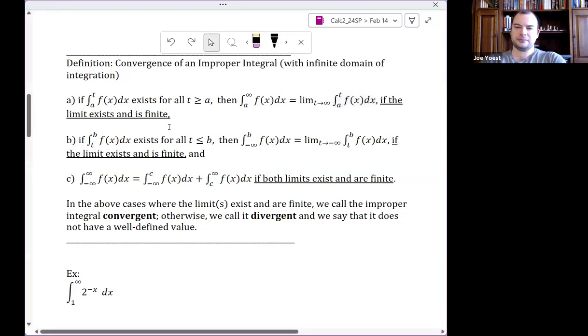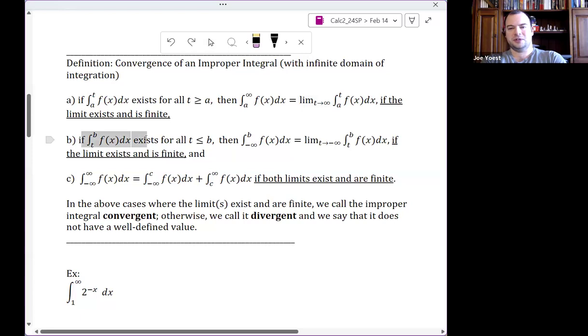Okay. And this is, of course, only if the limit exists and is finite. And if the limit on the right side here doesn't exist, or if it exists but it's infinity or minus infinity, then that's not a good result to use for this integral.